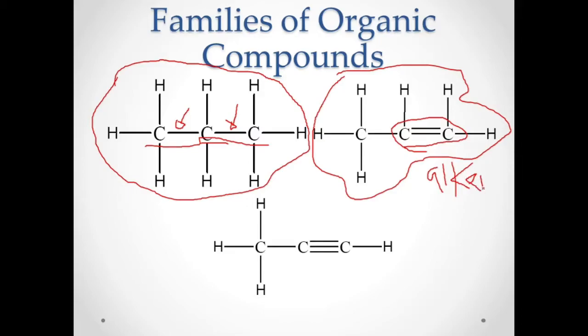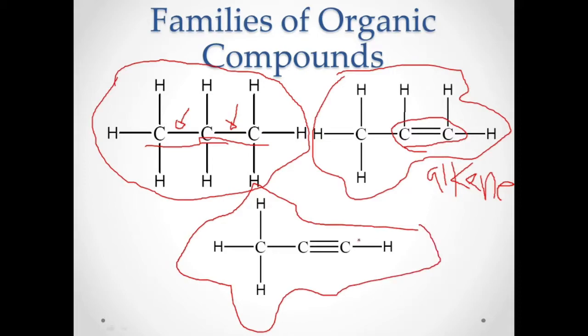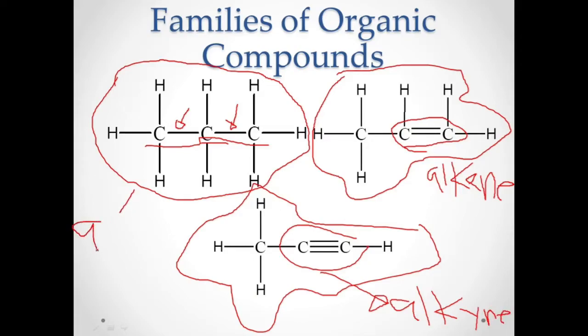The last compound, as you can see, contains a carbon to carbon triple bond. Therefore, this compound belongs to an aliphatic hydrocarbon which is what we call an alkyne. So this one here is an alkane.